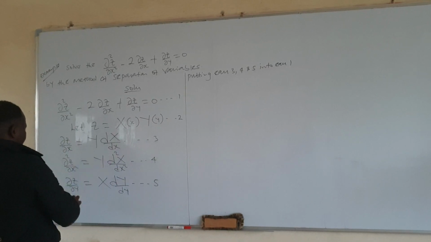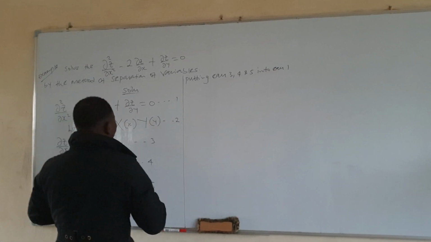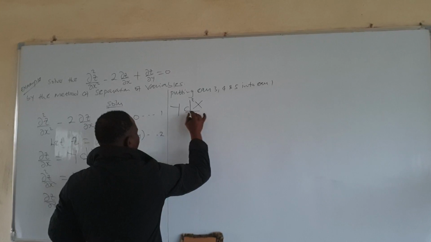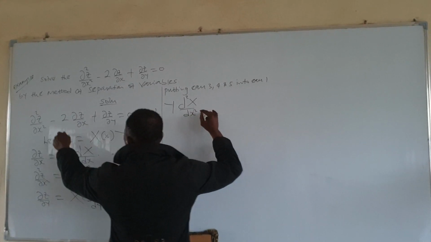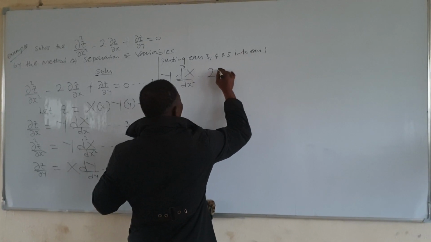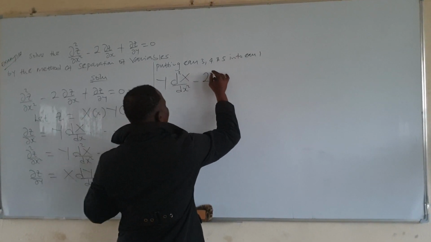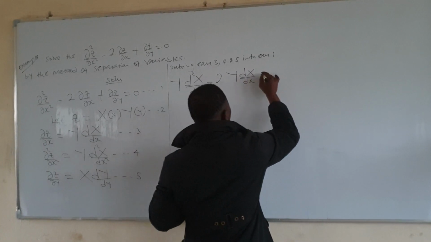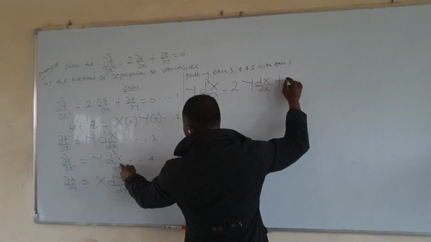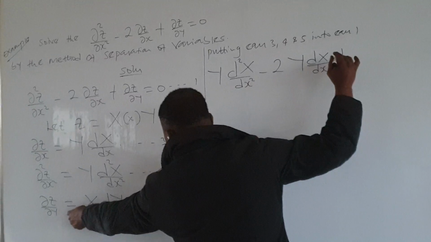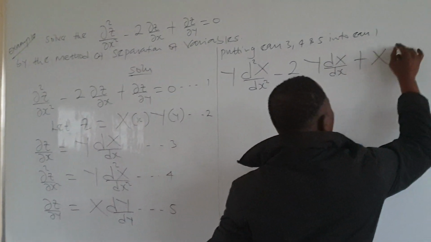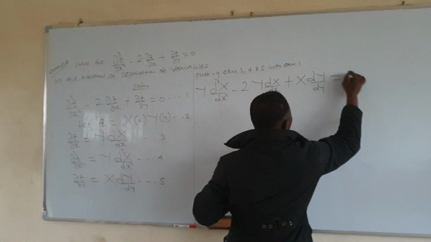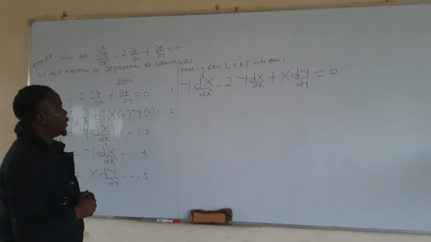So here will be Y d square X all over dx square, then minus 2 times Y dX all over dx, then plus X dY all over dy, which equals 0. Do you agree with me?